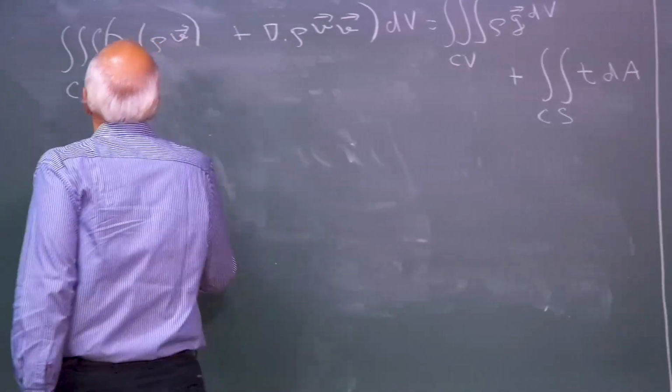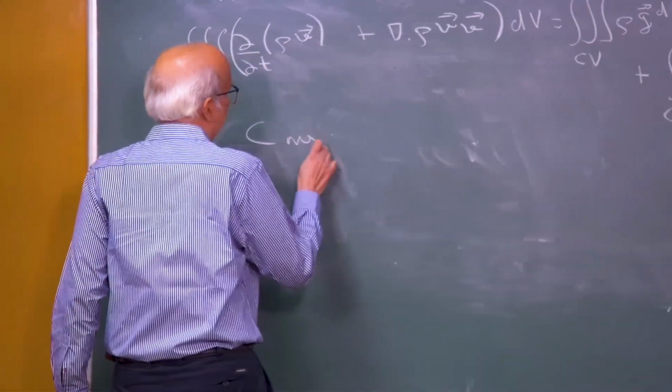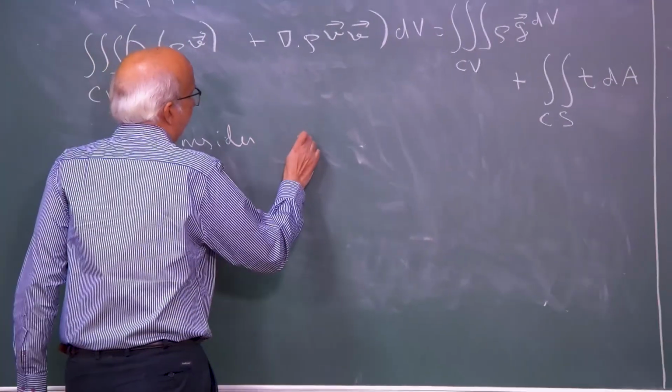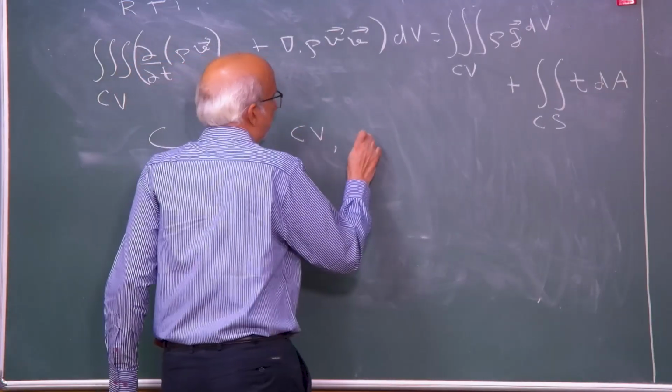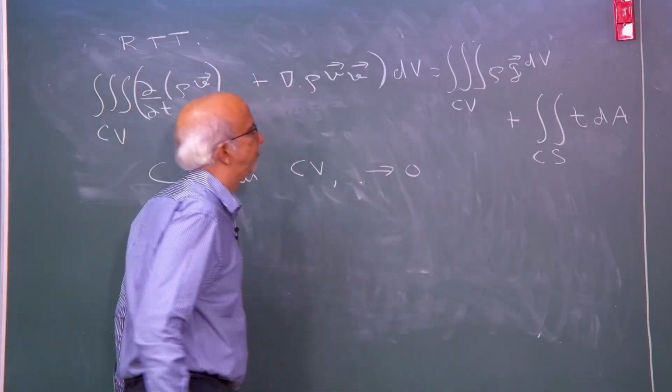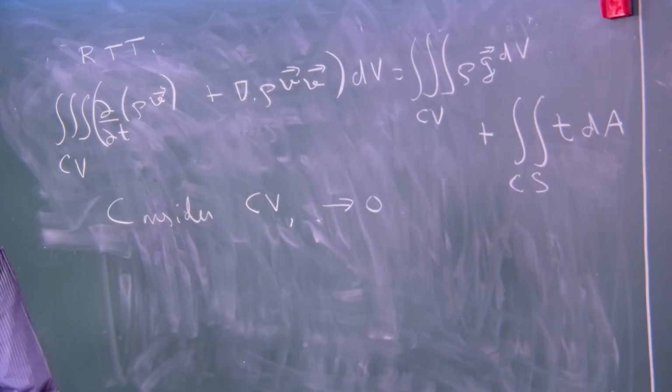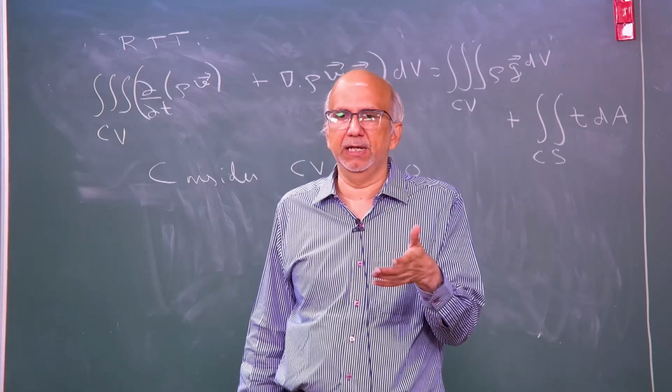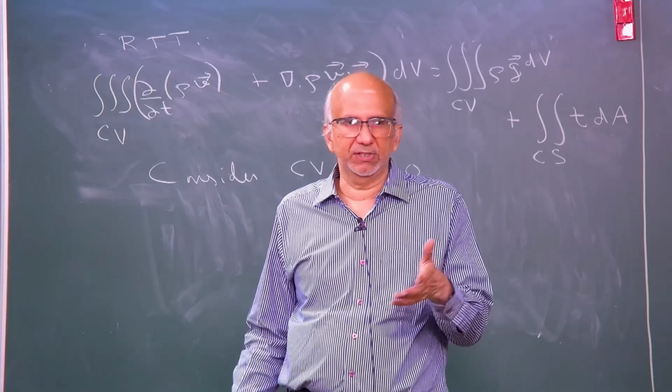So, consider the control volume tending to 0. There is a characteristic length scale of the system.